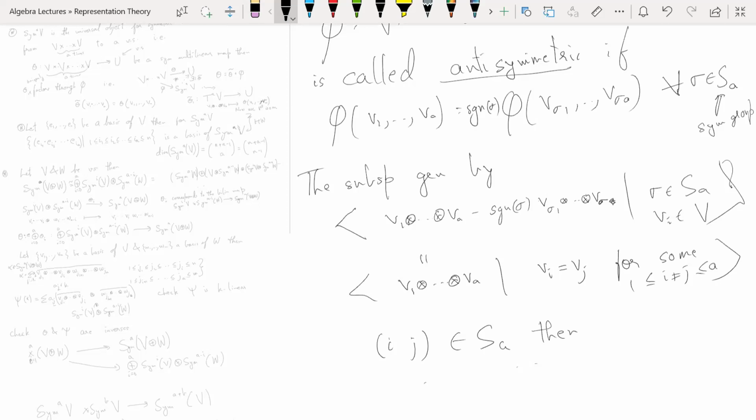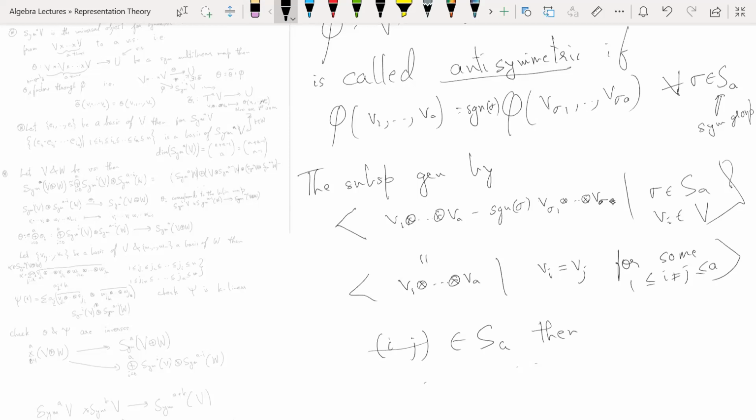Now, how do I write it as this minus sign of ij?